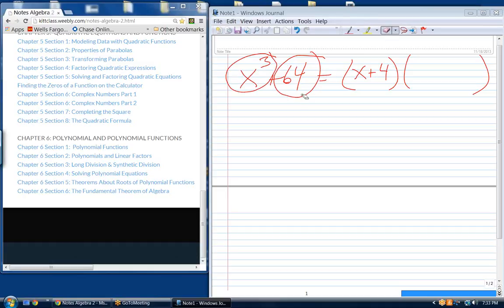Then our quadratic factor is x squared, opposite sign of whatever this sign is, we're going to make it opposite, and it's the number times the variable, so 4x, plus this squared.